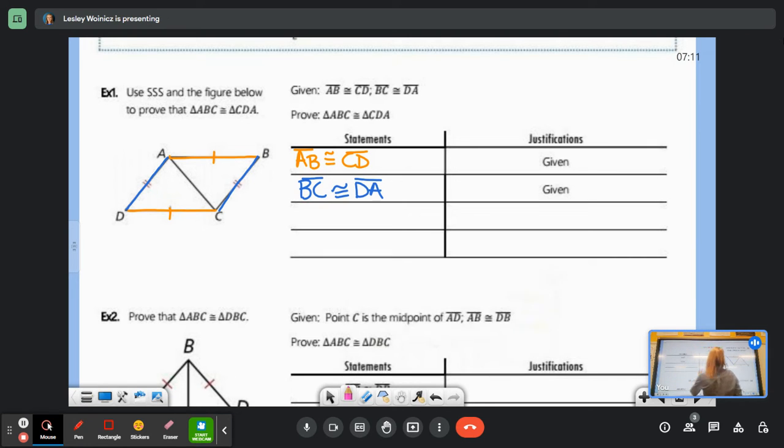The last side is this one that they share, AC, and we know that AC is congruent to itself. Let me put some segment bars over those before I forget. Don't forget your segment bars. Okay, and we know that it's congruent to itself by the reflexive property of congruence.